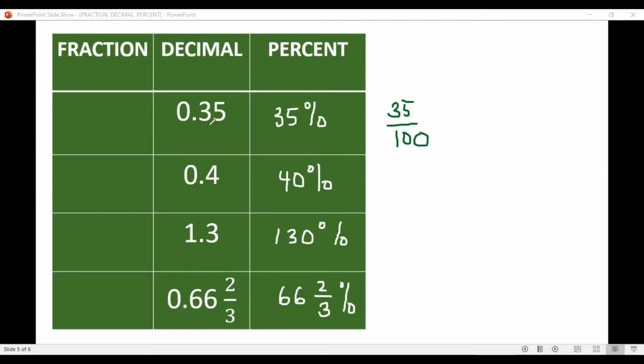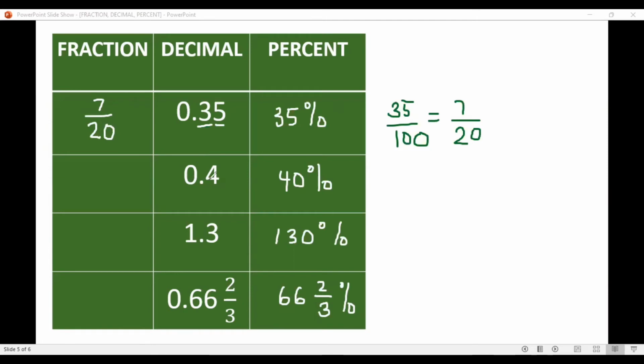This holds the tens place. This is the hundreds place. So 35 over 100. The only thing that we need to do now is to find the lowest term. So what's that number that can divide 35 and 100? It's obvious to be 5. So what are we going to do? We divide the 35 by 5, having that as 7 now. And 100 by 5, the answer is equal to 20. So 7 over 20 is, of course, the answer that you have here. 7 over 20.